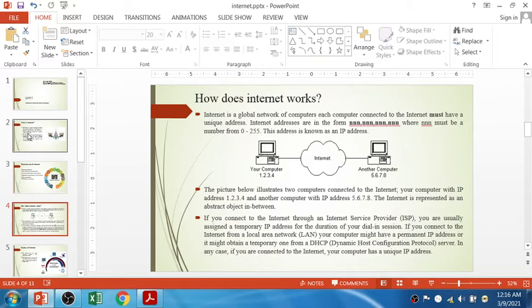In any case, you are connected to the internet, so your computer has a unique IP address. So your computer is recognized by its IP address to communicate with other computers. So that is how the internet works.